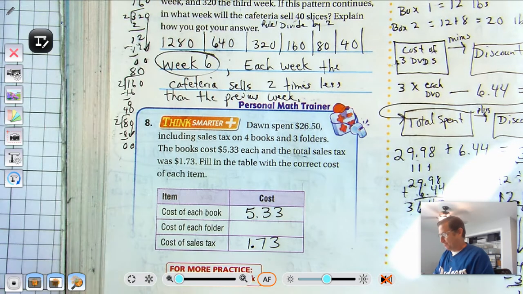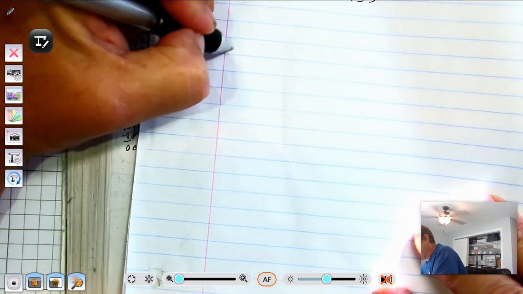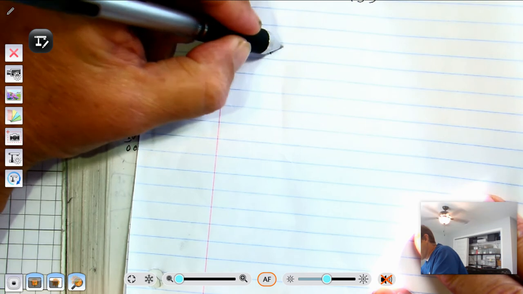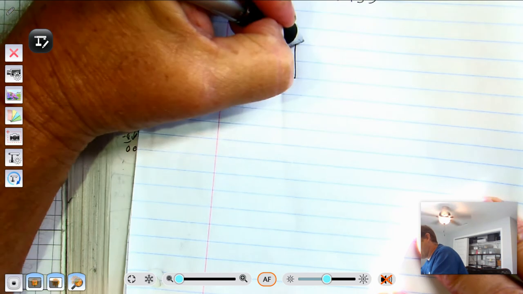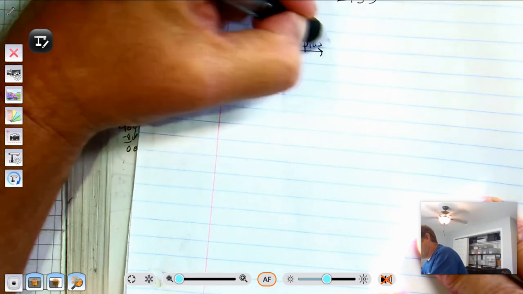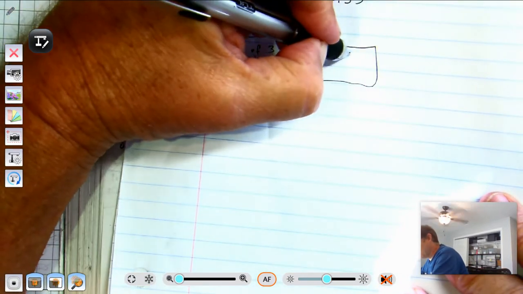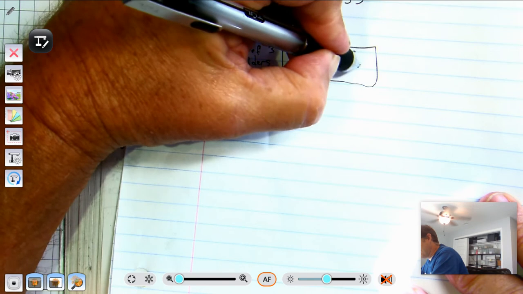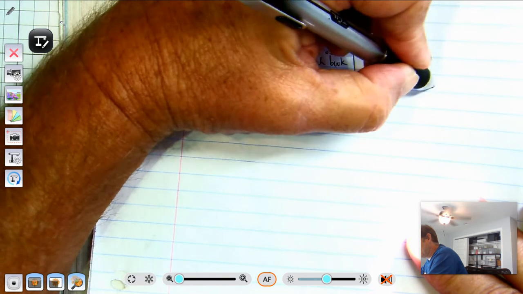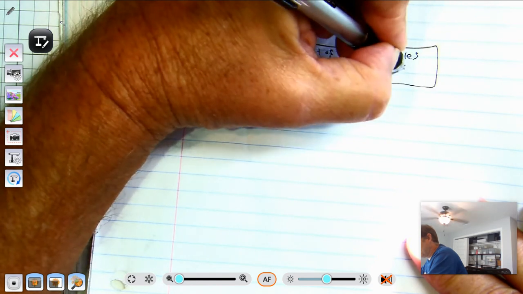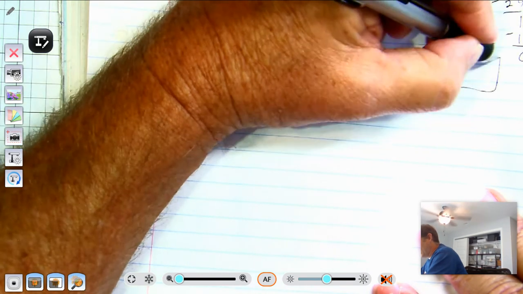So let's go ahead and work our way here. So we have 3 folders plus the cost of each book plus the sales tax equals total spent.